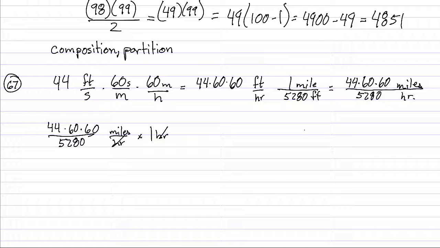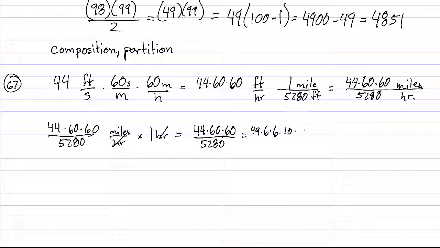And we know that that still equals 44 times 60 times 60 over 5,280. And you might grab your calculator at this point and think, oh, let's get the answer. But we can actually start factoring this out, and we realize that we've got 44 times 6 times 6 times 10 times 10, and 528 times 10.